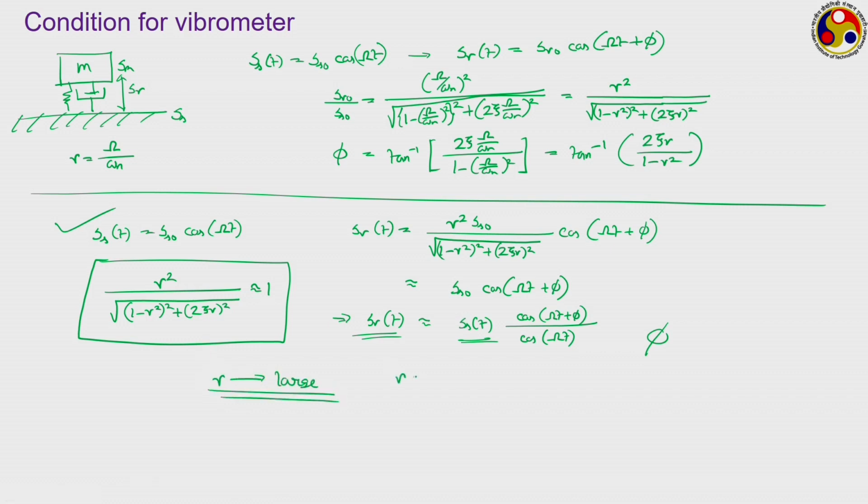Now, that is possible as R is a ratio of the imposed frequency to the natural frequency. So, this R can be large only when this omega n is much greater than the imposed frequency, that is the natural frequency of a system has to be much greater than the imposed frequency. Now, what is the relation for omega n? We know omega n is equal to root over k by m. So, let me write it properly.